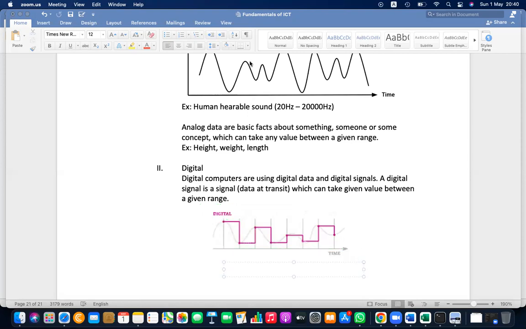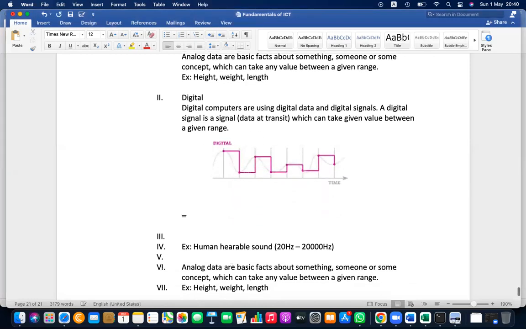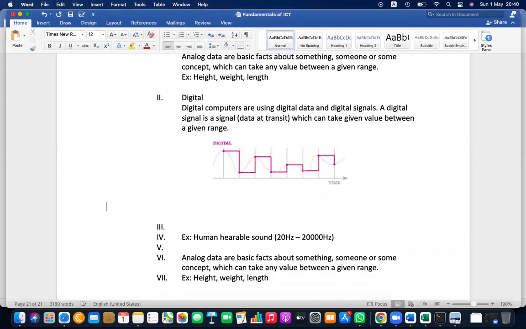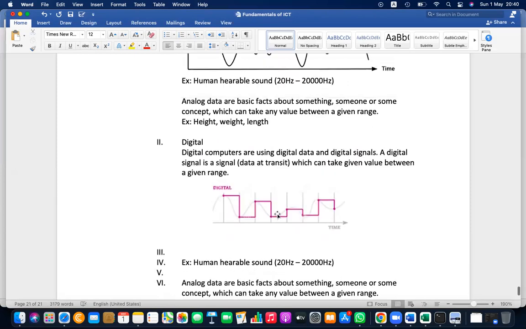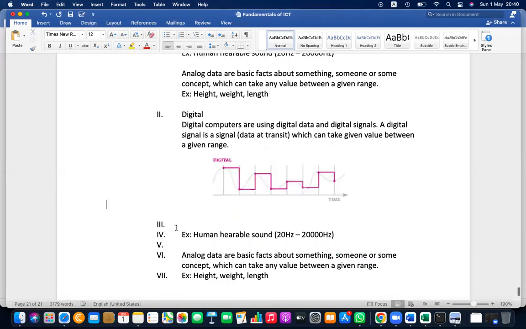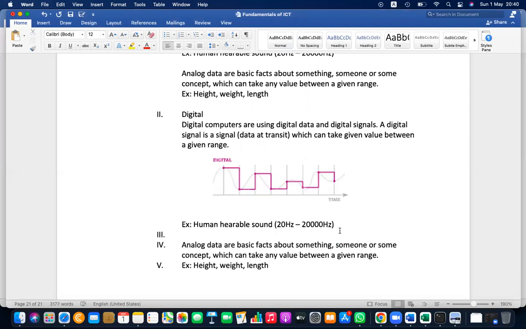I'll write an example. I'm not going to write notes for digital data. Digital data are similar to this, right? Let me give an example for a digital signal. You can say a network signal.